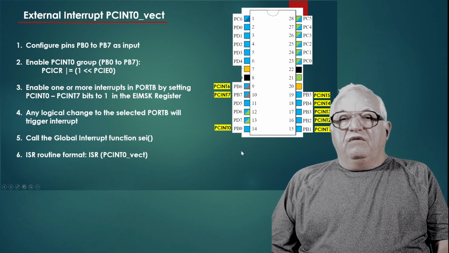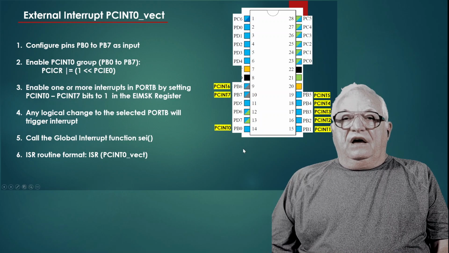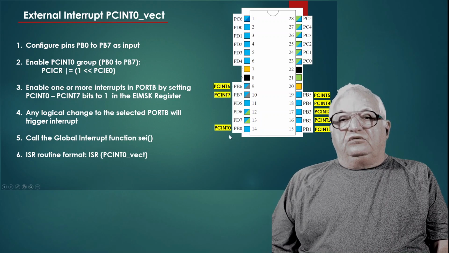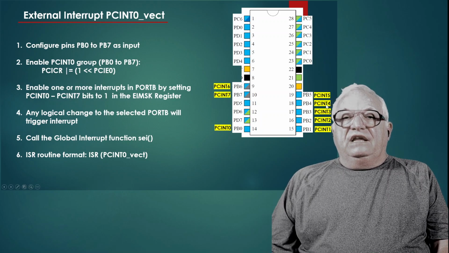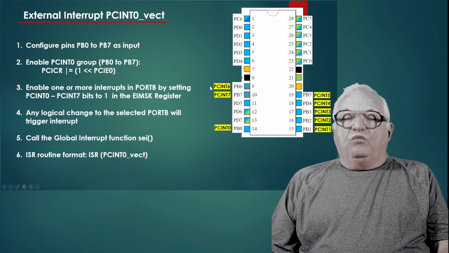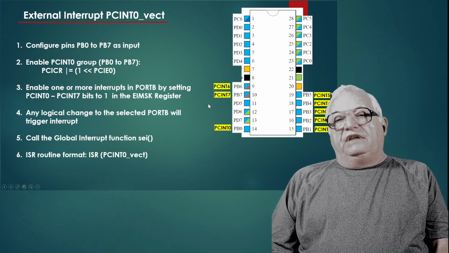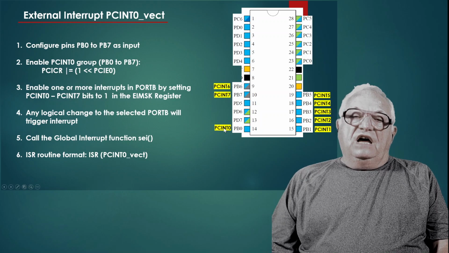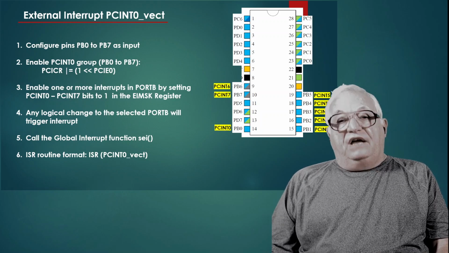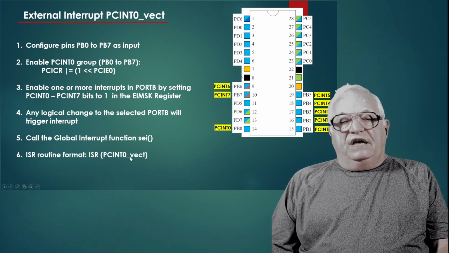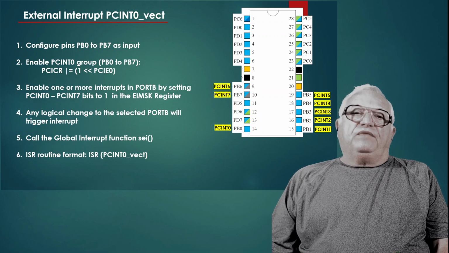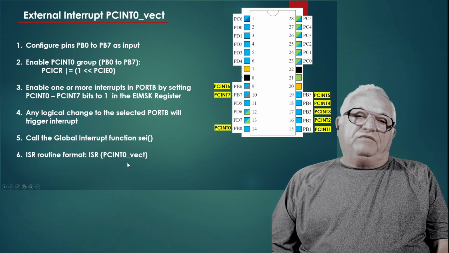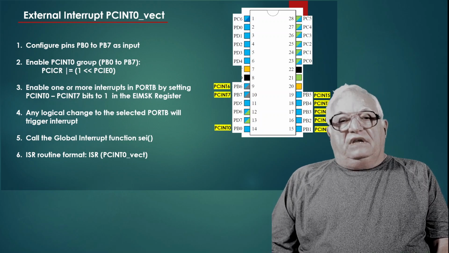So if we configure port B to react to interrupts, then any of these interrupts, one or all, will go to this ISR every time they get triggered, because the signal changes from high to low or low to high. And part of our job is going to be to figure out which pin triggered the interrupt, if needed.